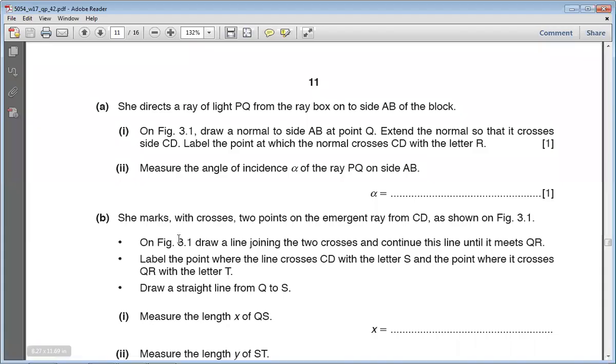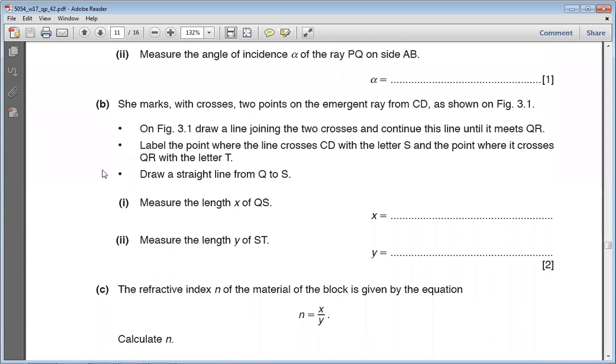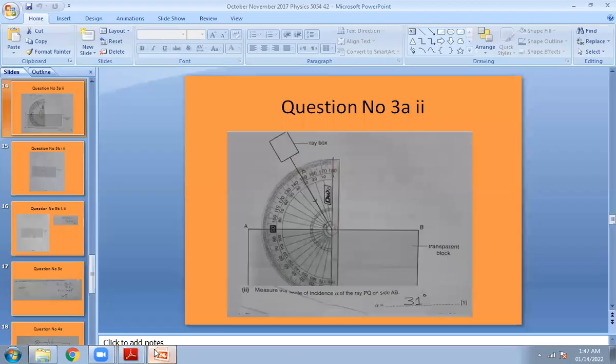Then the question is, she marks with crosses 2 points on the emergent ray from the CD as shown in figure 3.1. On figure 3.1, draw a line joining the two crosses and continue this line until it meets the QR. Label the point where the line crosses the CD with the letter S and the point where it crosses the QR with the letter T. Let me show you how this is done.